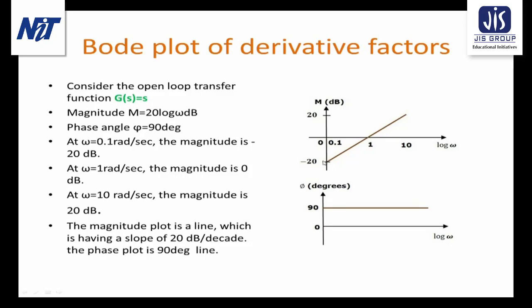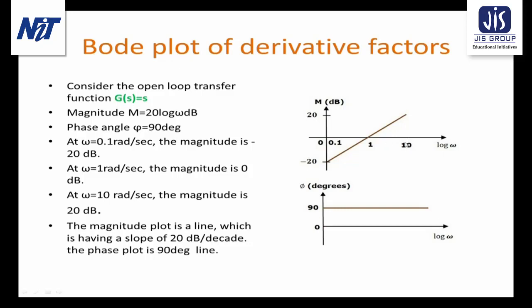And next, when the omega value is 1 radian per second, we will put 20 log 1 dB. Now as the value of log 1 is 0, 20 log 1 becomes 0 dB. So the magnitude will be 0 dB at omega equal to 1 radian per second. Next, we are varying the value to 10 radian per second. So if you put 20 log 10, it becomes plus 20.